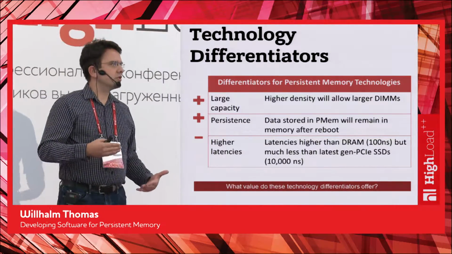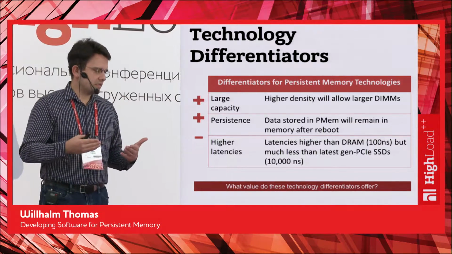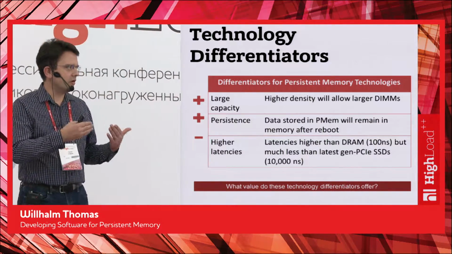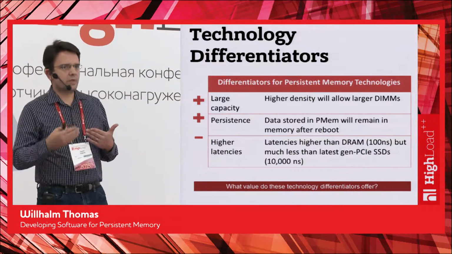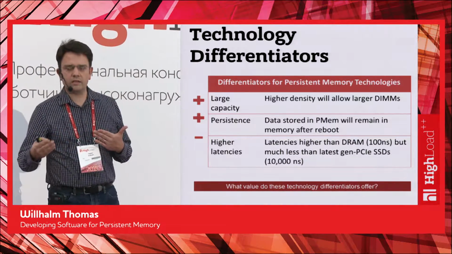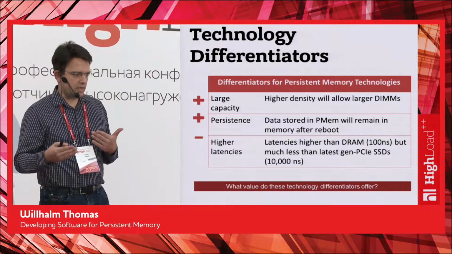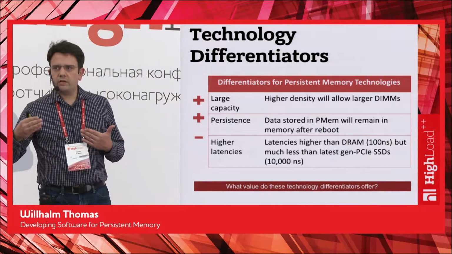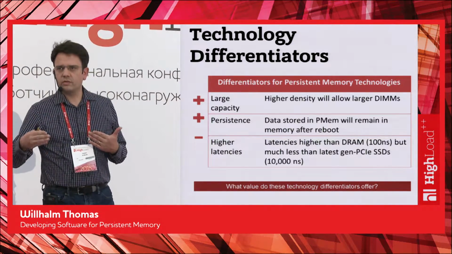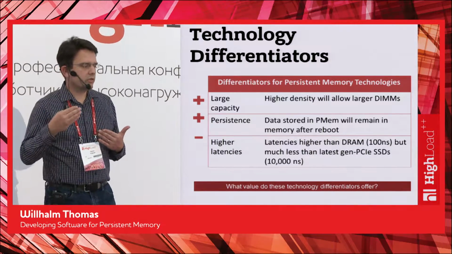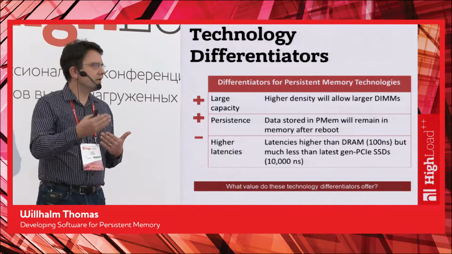Another big advantage is the persistency. As the memory is non-volatile, if this is exposed to the software, it can take advantage of this persistency. And when you reboot your server, the data will still be in memory.